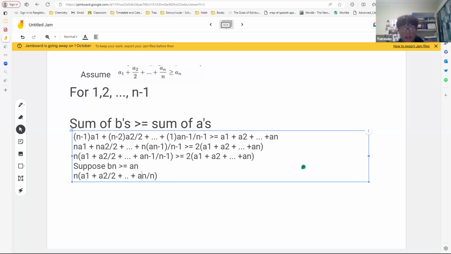Oh, wait, no, sorry. I think I made a mistake. So don't suppose that and just add an to both sides. That's faster. So if we add an to both sides, we just get an plus this.